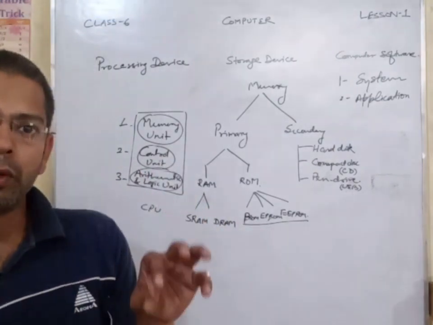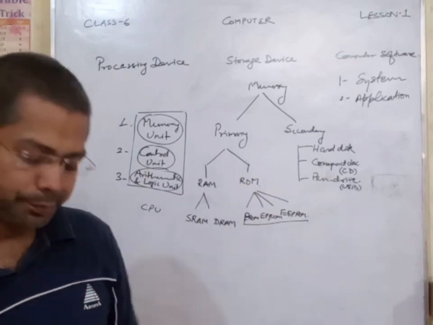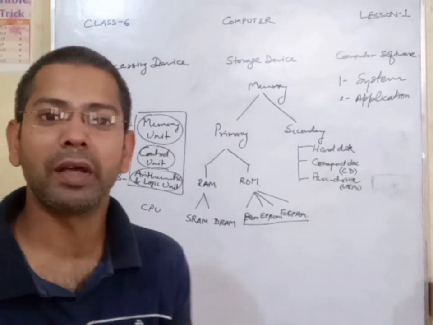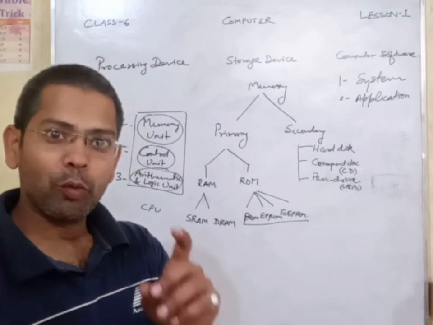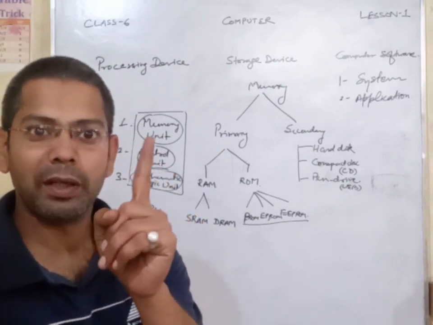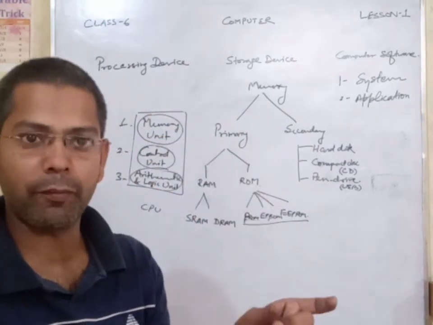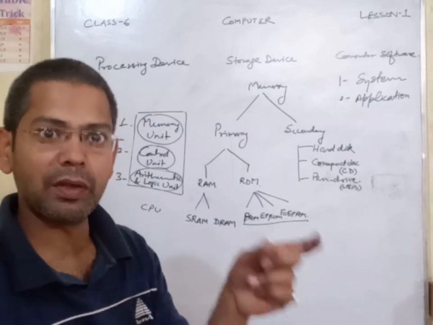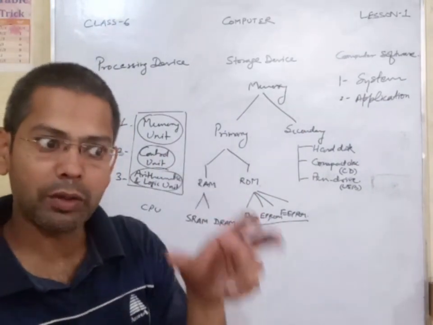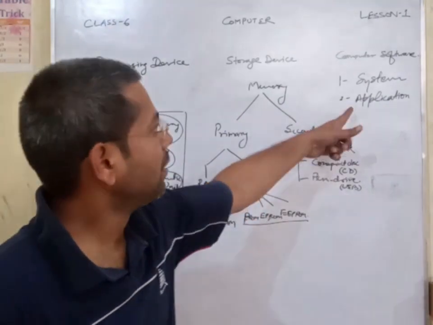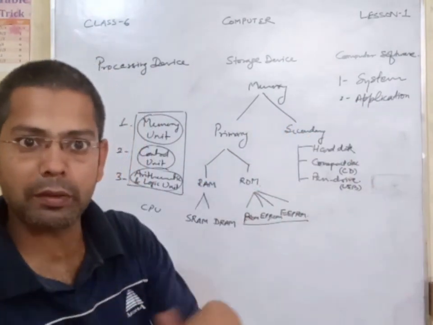In the presence of Windows, you can work with other applications. Like if you want to install a game, PUBG, in your computer, PUBG is an application software which requires a proper platform. That platform is made available by the system software, and on that platform another application runs, which is called application software.